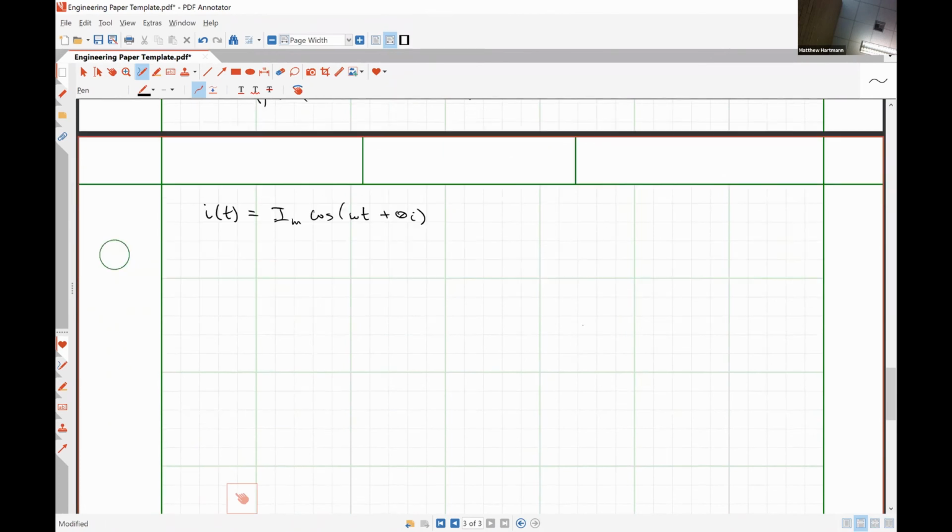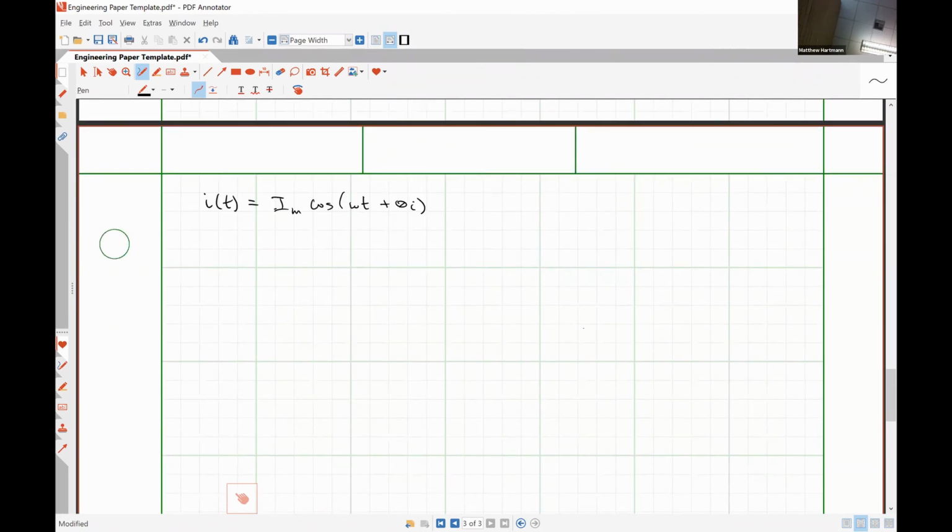So the first thing that we're going to need to know is that our expression for I effective is the square root of 1 divided by T times the integral over 1 period of i of t squared dt.